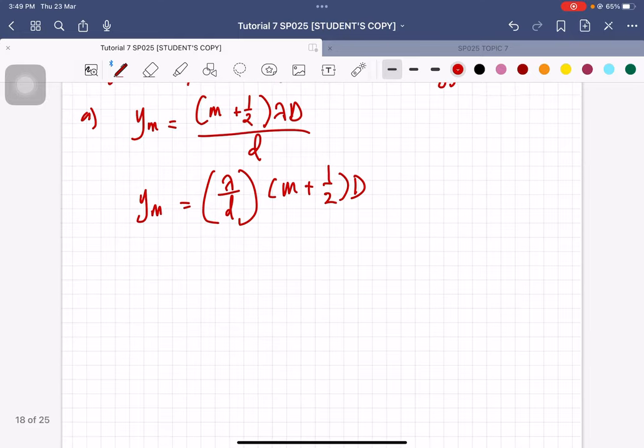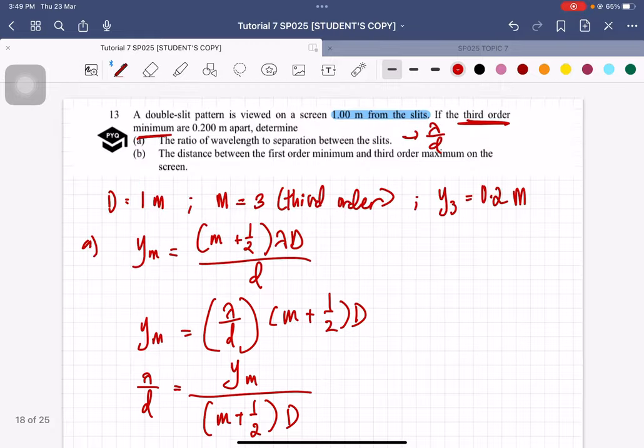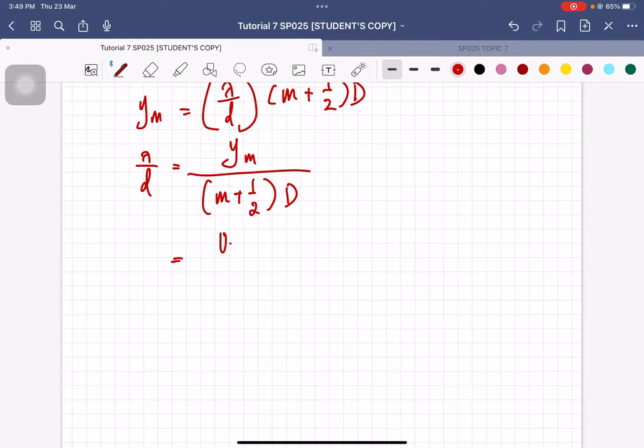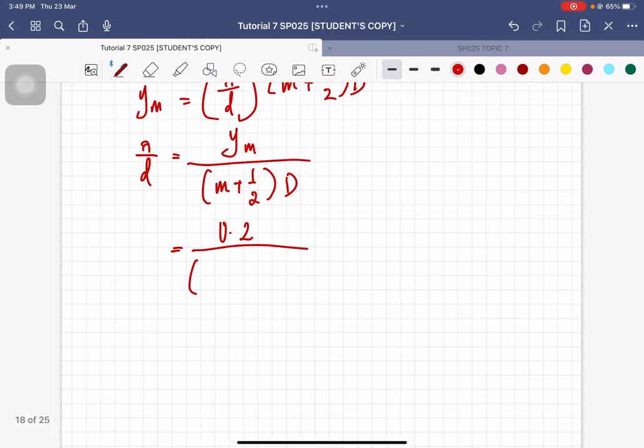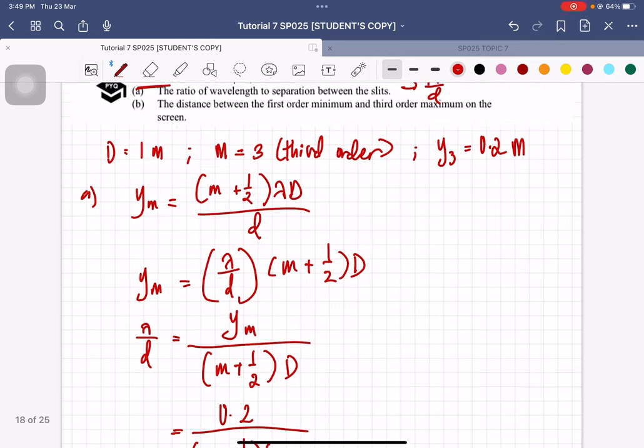Right, so if we were to make this as a subject, this is gonna be Ym over M plus half capital D. So the third order minimum are 0.2 meter apart, so this is 0.2 divided by M is 3 plus half, D is 1 meter.